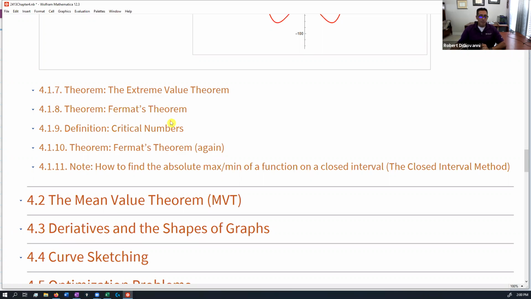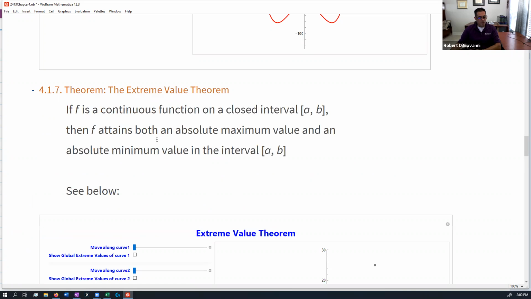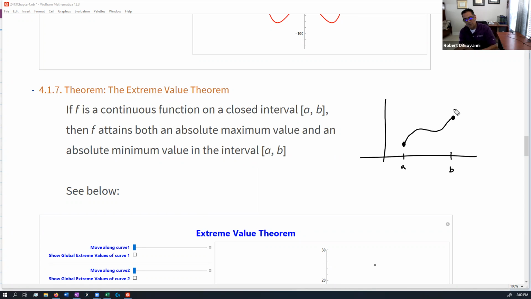So it's going to require a couple of theorems to get us there, but we have theorems that'll develop this out for us. So first theorem is called the extreme value theorem. It says that if f is continuous on a closed interval, so we're only looking on a closed interval right now. So if we have a function, think about this. You have a function on a closed interval, which means when you draw it, it's got to start somewhere and it's got to stop somewhere, and you have to connect it with something that you can't pick up your pencil, right?